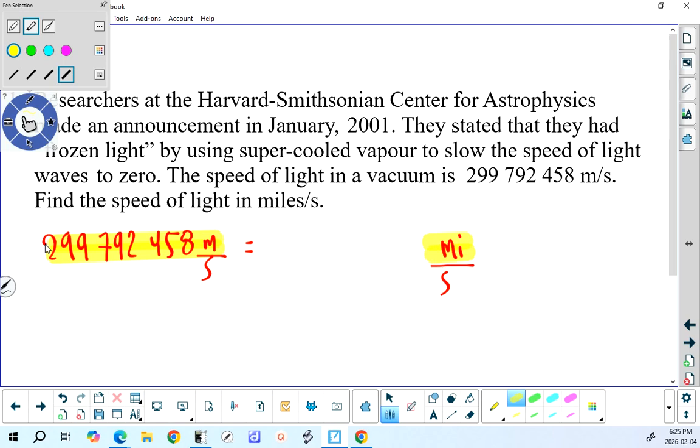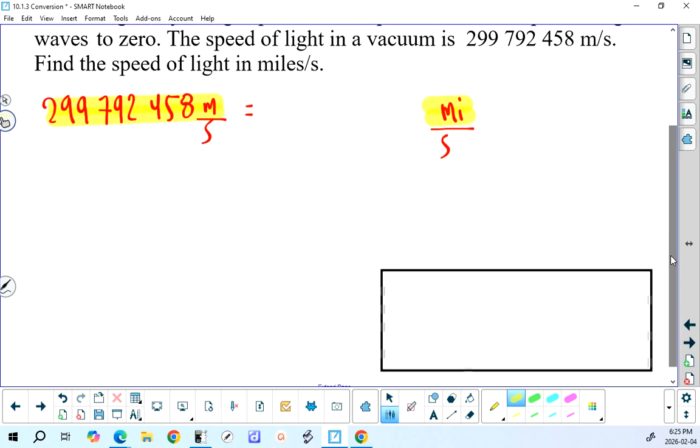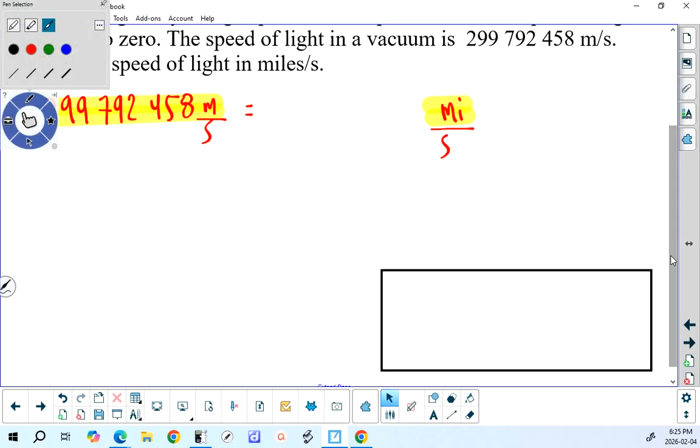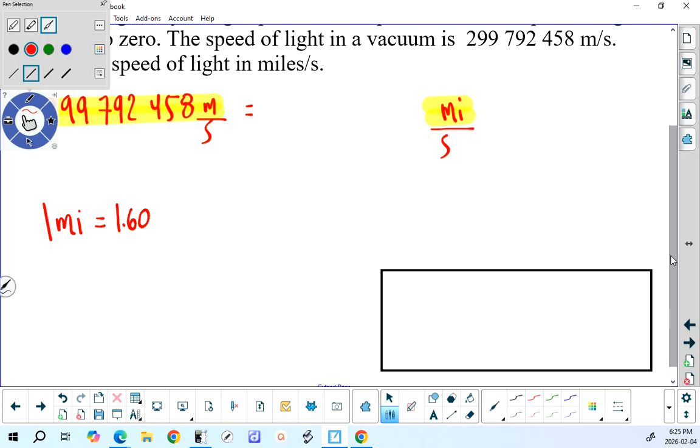And when I go to my formula sheet, what I see is this statement, that 1 mile is the same as 1.609 kilometers.